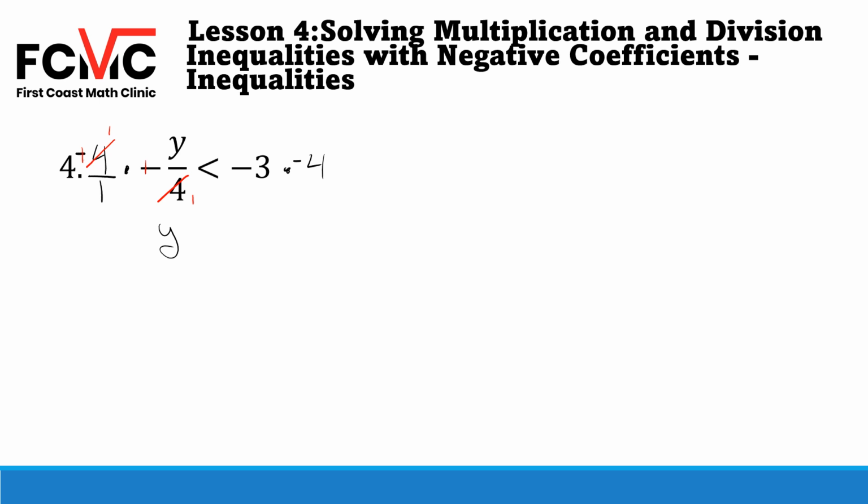And then on the right side, I've got -3 times -4, which is going to give me a positive 12. Now, since I multiplied the left and the right side by a negative, I need to flip the inequality. So instead of less than, it's going to become greater than. So my solution here is y is greater than 12.